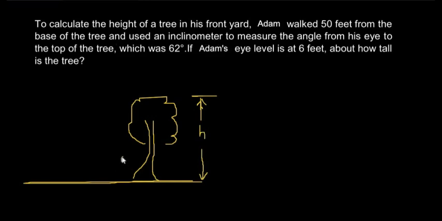That means, think that Adam was standing over here initially, and then he walks away and he comes over here, and the distance between Adam and the tree is now 50 feet. So let me delete it.